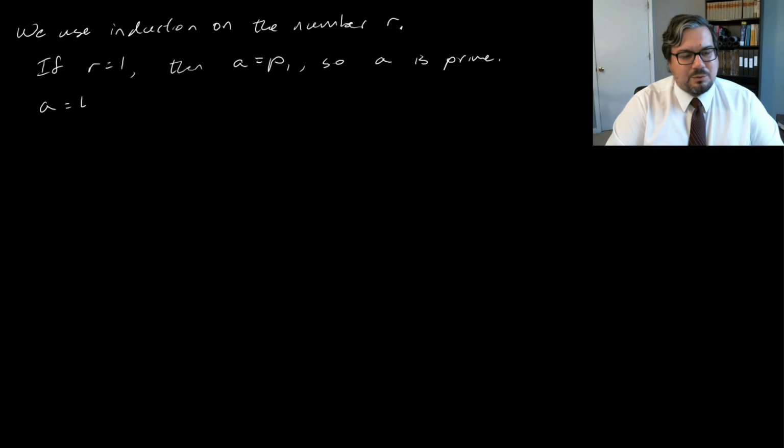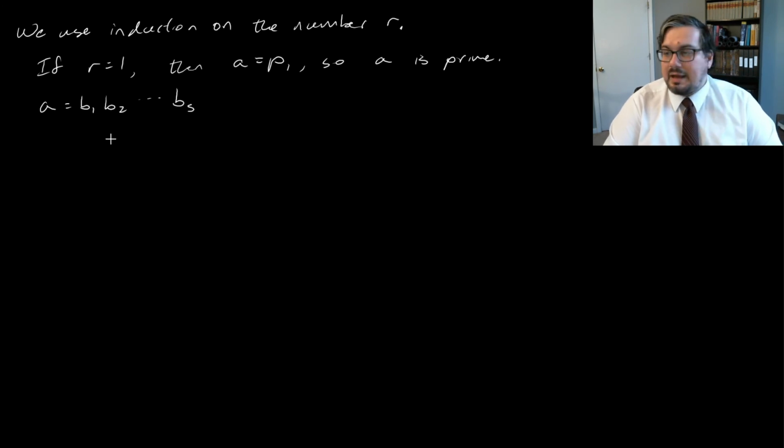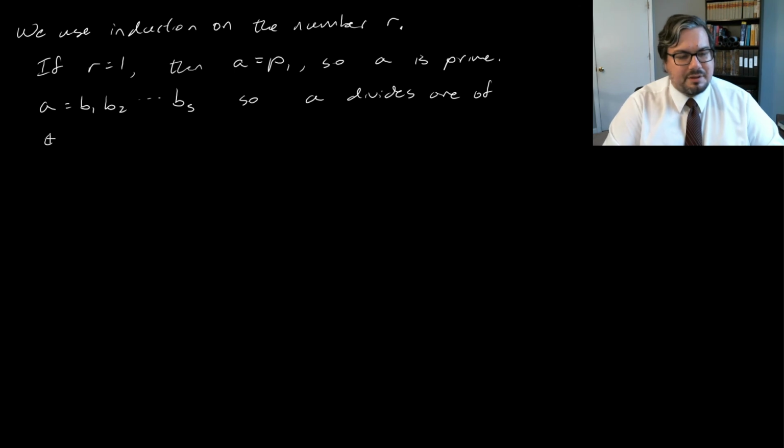Now A equals this factorization B1, B2 up through BS, where the B1 through BS are irreducibles. So that means that A divides one of the BI, because A itself is prime.